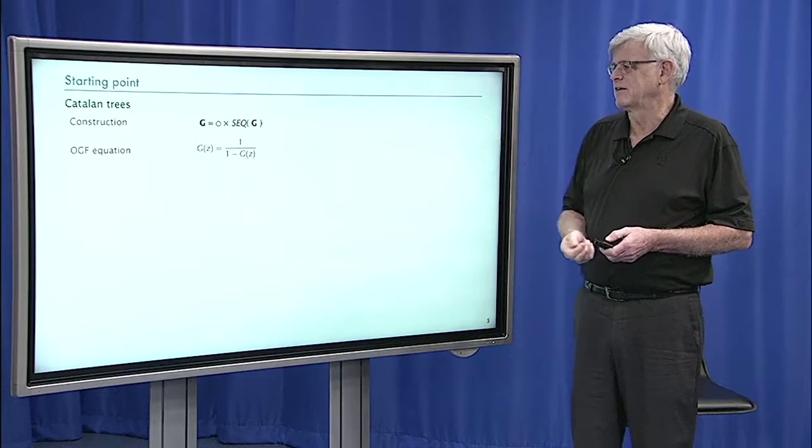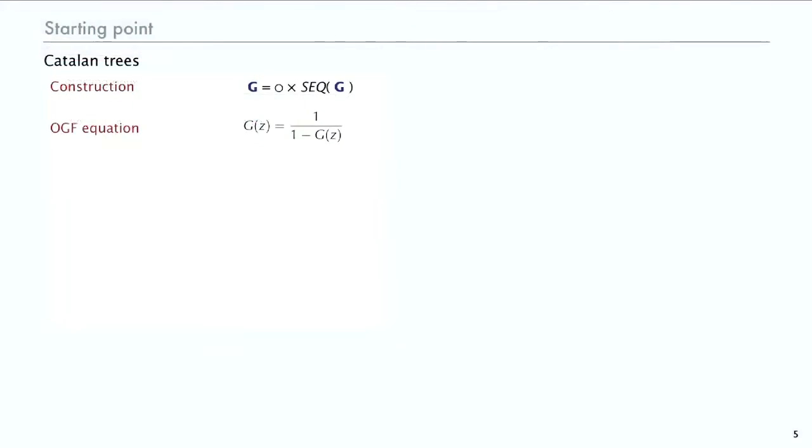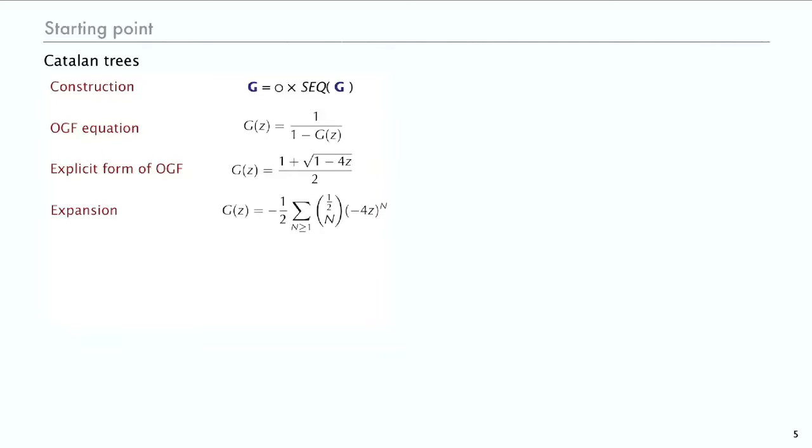When we're counting, say, Catalan trees, we have a construction that gives us a generating function equation. We get an explicit form for the ordinary generating function. We can use Newton's binomial theorem to expand it, and then extract coefficients, and then we can use Stirling's formula to get an approximation.